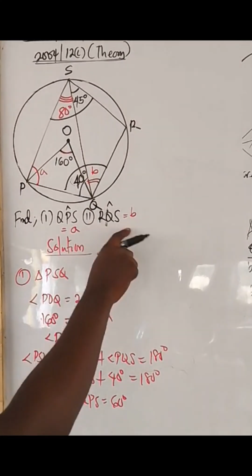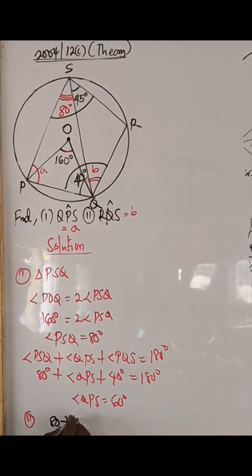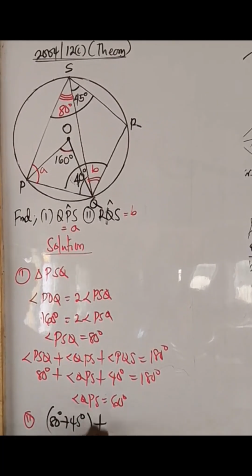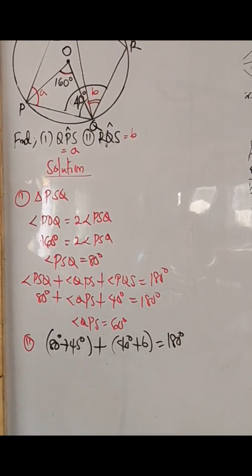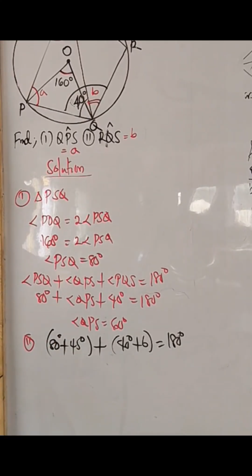We've already let RQS be here. So from here, this angle, which is 80 plus 45 degrees, plus this whole angle, which is 40 degrees plus B, must give 180. Why? The sum of opposite angles of a cyclic quadrilateral is supplementary.